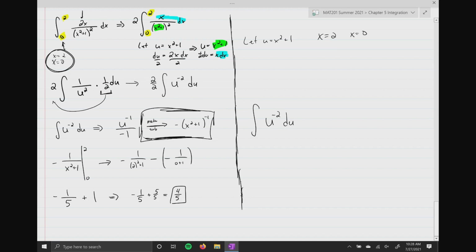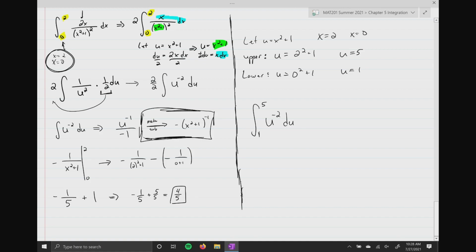For your upper limit, let u equal 2 squared plus 1, which is going to be u equals 5. For your lower limit, you're going to let u equal 0 squared plus 1, which is u equals 1.